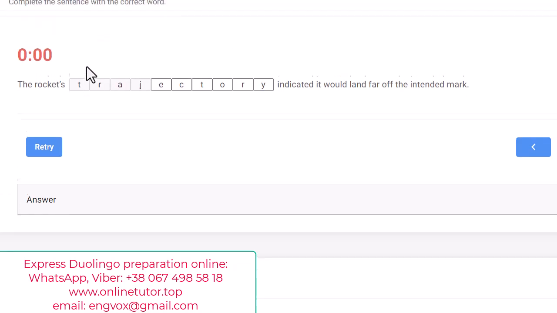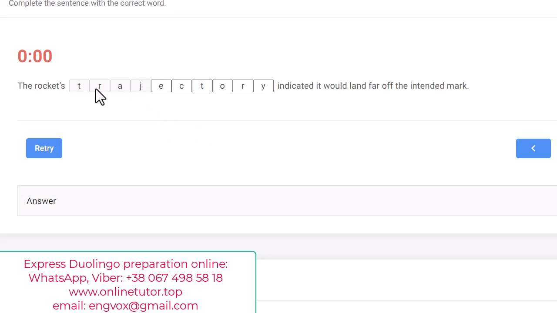In this case, if you know the word trajectory, it's very simple, because I don't know a lot of English words starting with traj and here six more letters. Maybe it's the only one. So if you know, you will put it instantaneously, as they say. If you don't know, what's the philosophy?